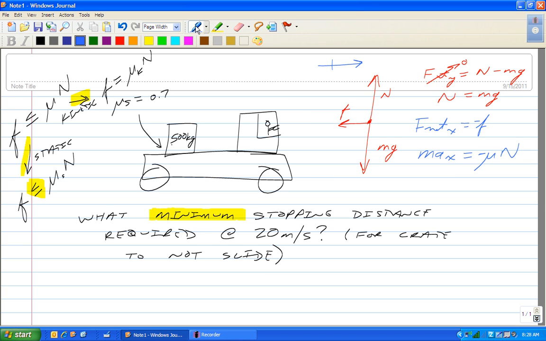Okay? So now we're at a point where we can start rearranging and substituting, because what I really want to know is the maximum acceleration that's allowed, right? So the maximum acceleration is going to be negative mu times normal over m, which, what is normal?